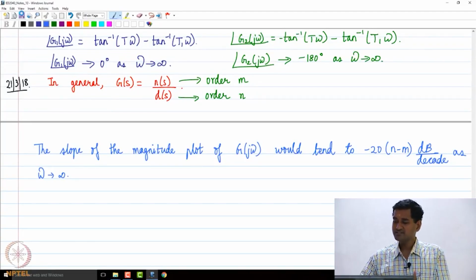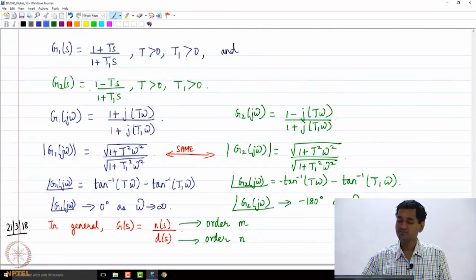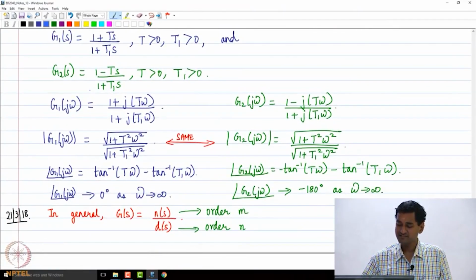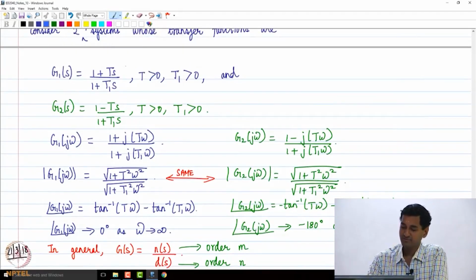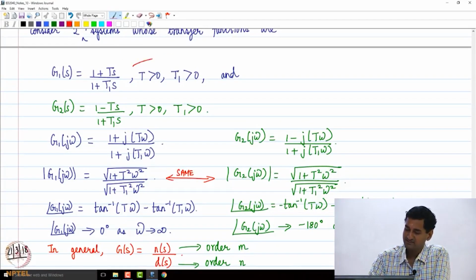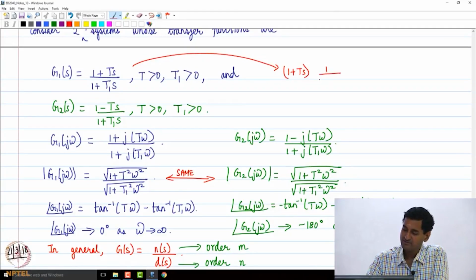This is something we can check from the previous example. What did we do in the last class? We immediately saw that the magnitudes were essentially the same, and this is like 1 plus Ts and 1 plus T1s. So you have two factors; I can rewrite this as 1 plus Ts times 1 divided by 1 plus T1s.